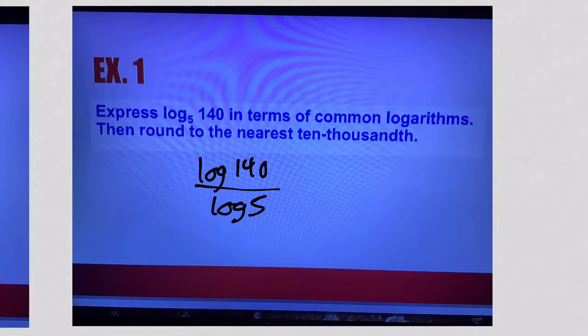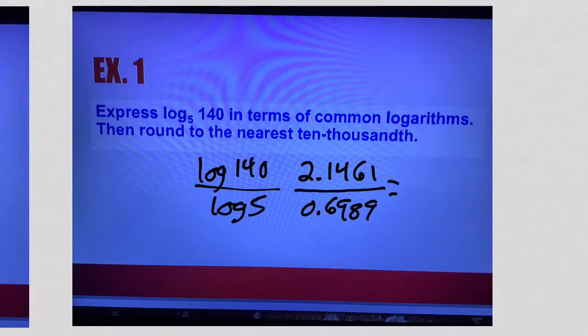So then what we need to do is put in our calculator, use the log button. So log of 140 is approximately 2.1461. So 10 thousandths would mean to go 4 numbers past. And then the log of 5 would be 0.6989.